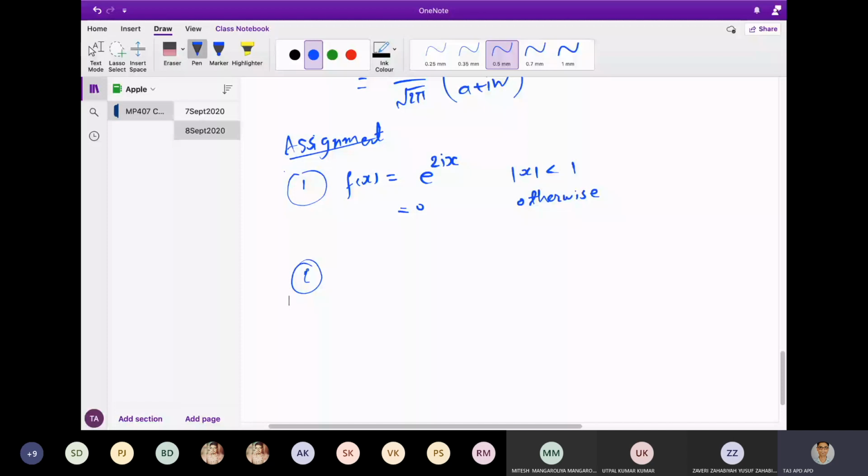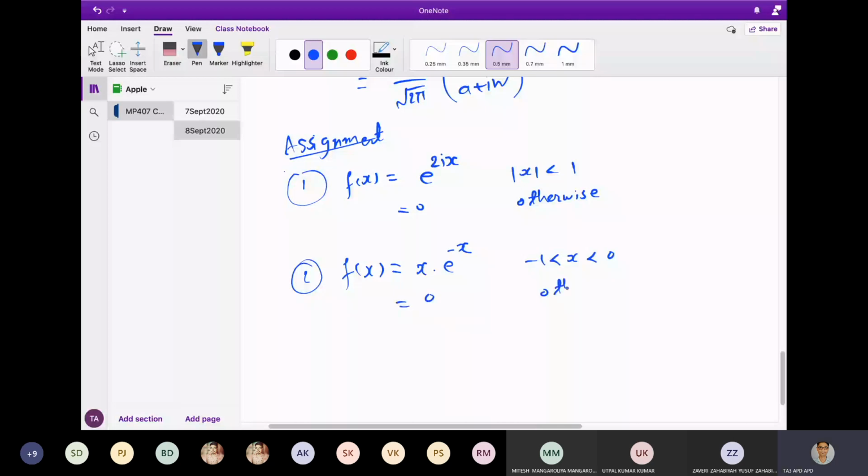Second example, f of x equal to x into e raised to minus x for minus 1 less than x less than 0 and is equal to 0 otherwise.